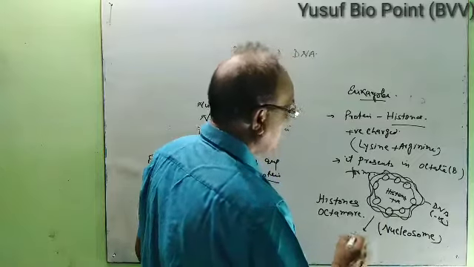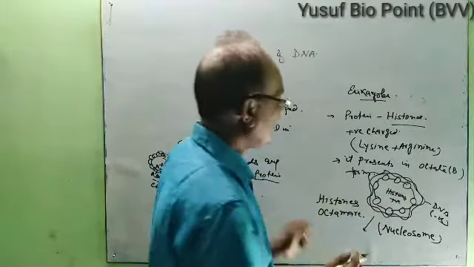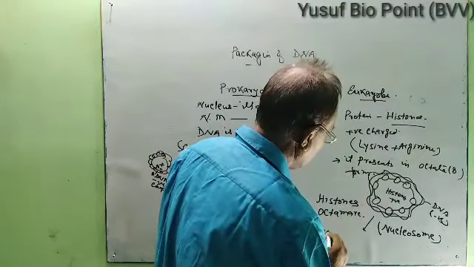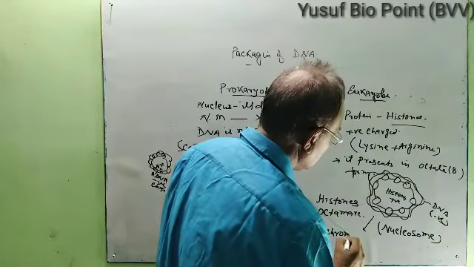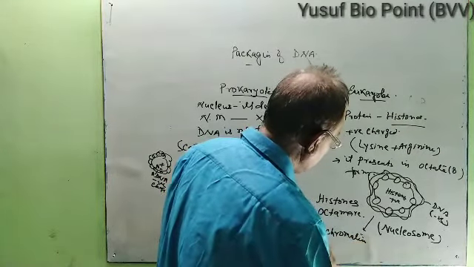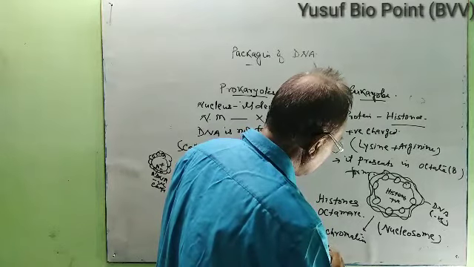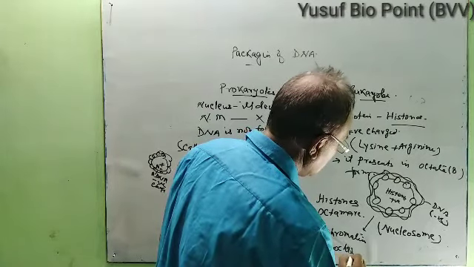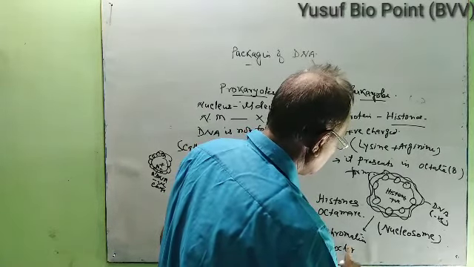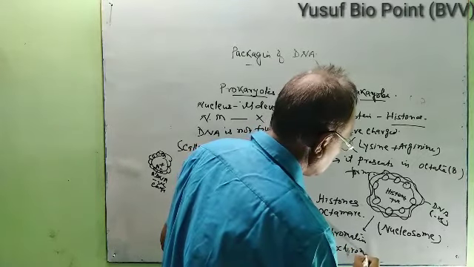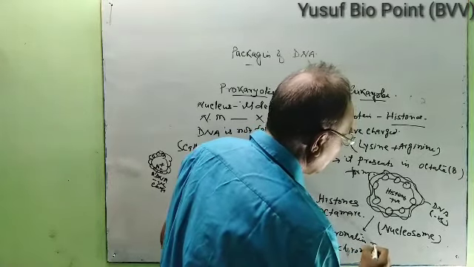Depending on the binding, it forms two types of chromatin: euchromatin and heterochromatin.